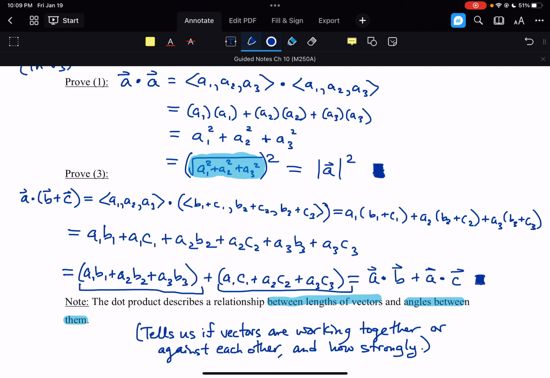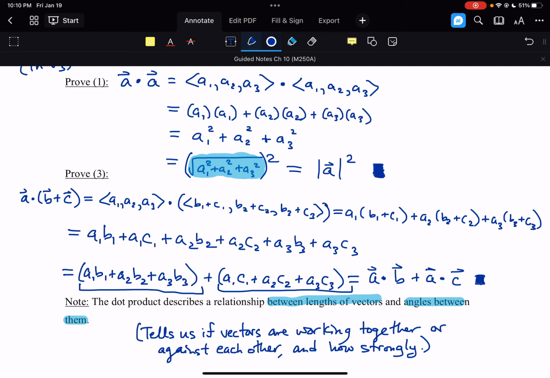So if the vectors are very long and they're both going in relatively the same direction, we're going to get a relatively large dot product because they're working together. If the vectors are shorter, then the value might not be as large. If the vectors are pointed kind of in opposite directions, then there's going to be a fairly large negative dot product because the vectors are working against each other.